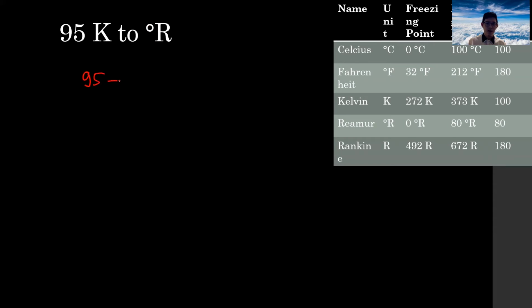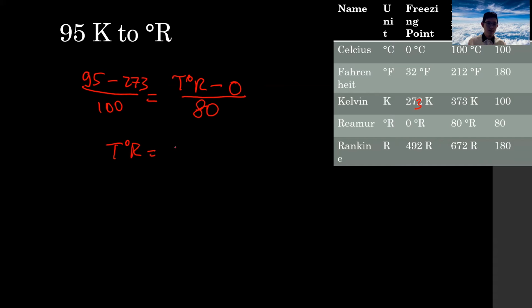Next one, 95 Kelvin to Réaumur. So 95 minus the freezing point, 273. Again, that was a typo. 100 to Réaumur. Temperature in Réaumur minus 0 per 80.